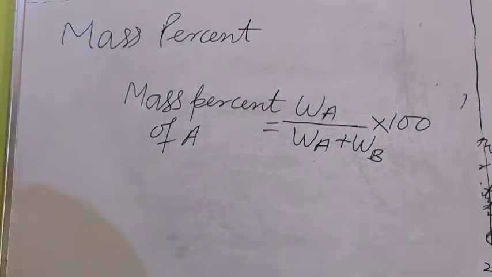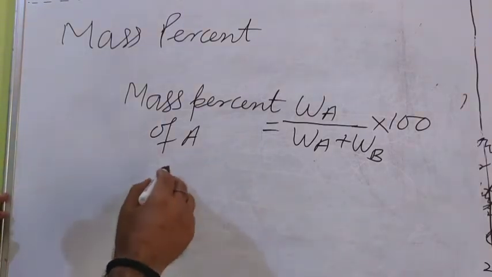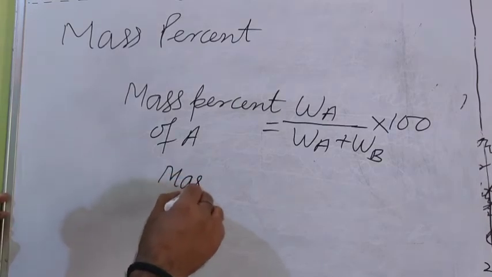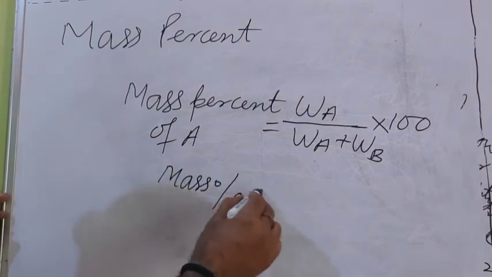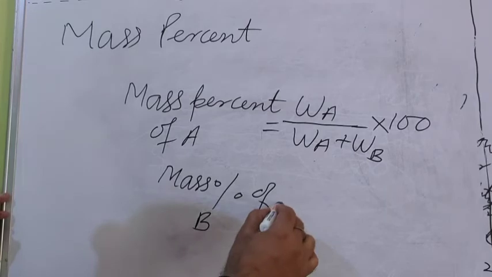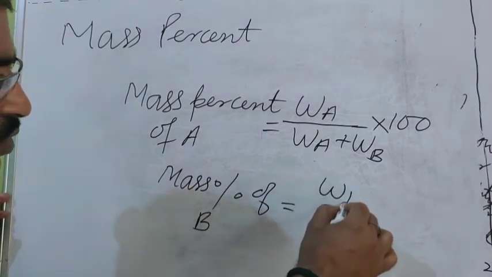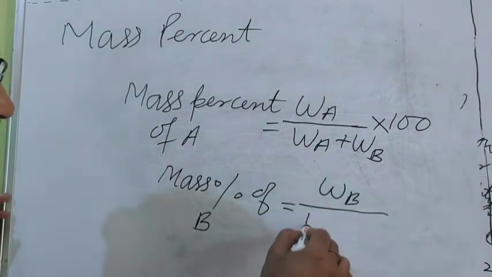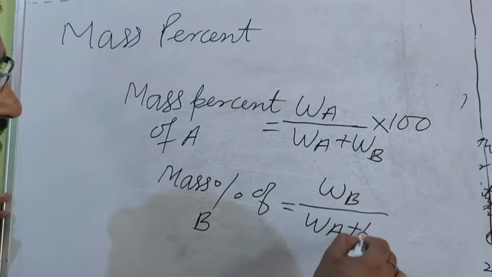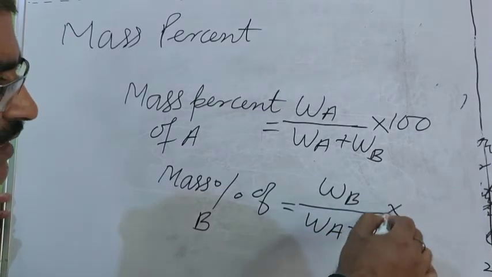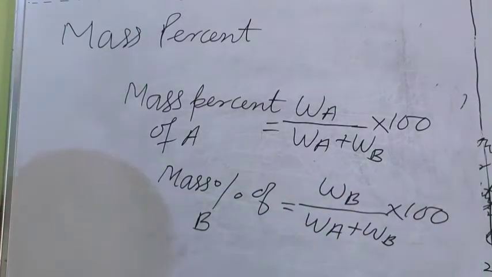Similarly, mass percent of B equals WB upon WA plus WB into 100. Into 100 because it is a percentage.